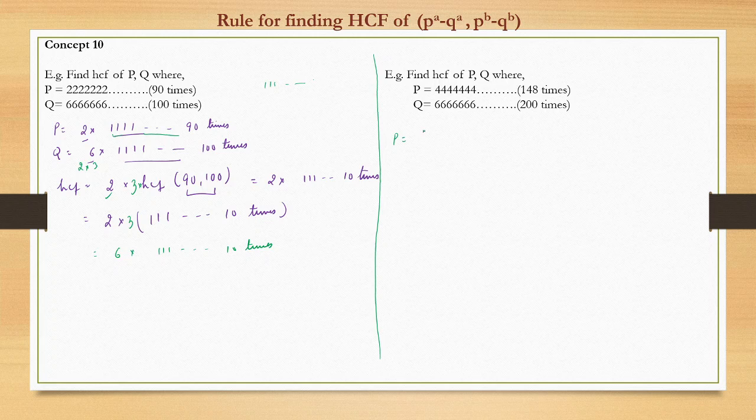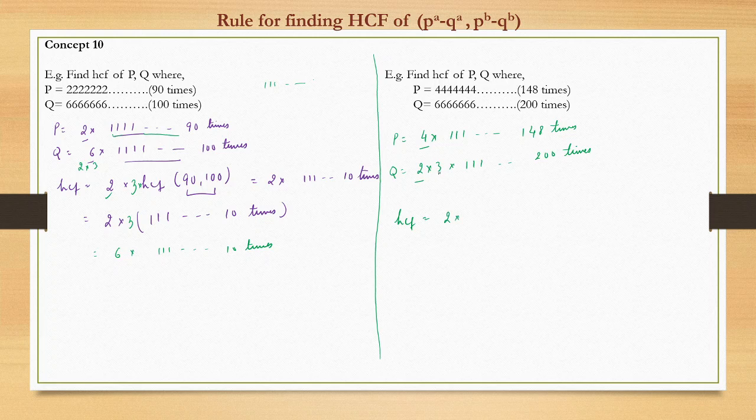So P is 4 into 111 written 148 times, and Q is nothing but 6, which is 2 into 3, into 111 written 200 times, right? So now see, first 2 here and 2 here is common, so HCF will have 2 as a common factor.